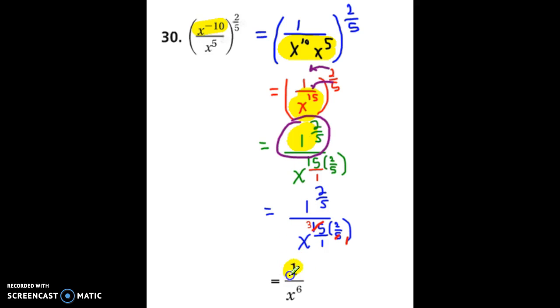So I end up with 1, my numerator. My denominator, I have 15 times 2/5. And I notice 15 and 5 reduce by 5, so I get 3 and 1. So 3 times 2 is 6. That's how I got x to the 6th.